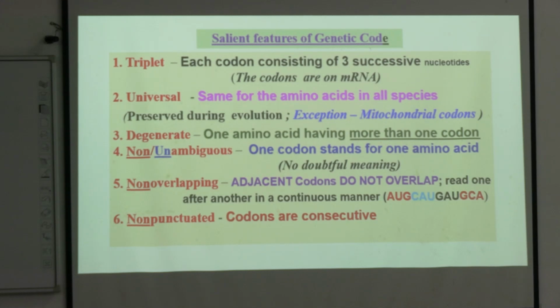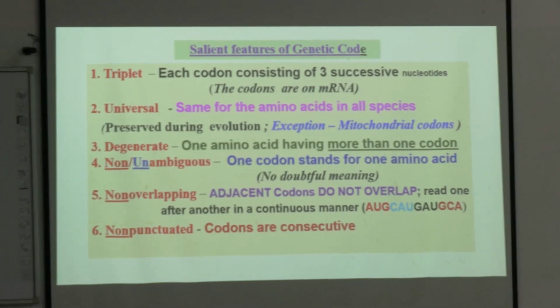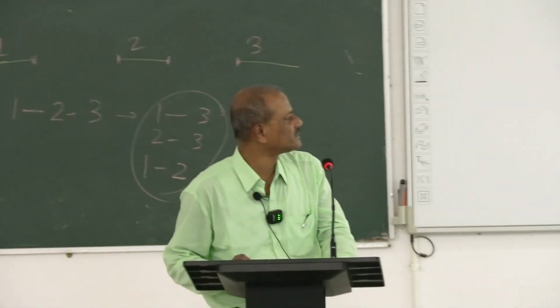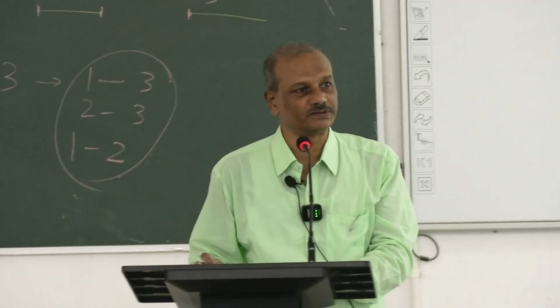So it is universal, means this can code for bacteria, this can code for yeast, this can code for mammals, this can code for all living organisms, plant, even human beings. So that is universal, that is the same codon is coding the same amino acid in all species.